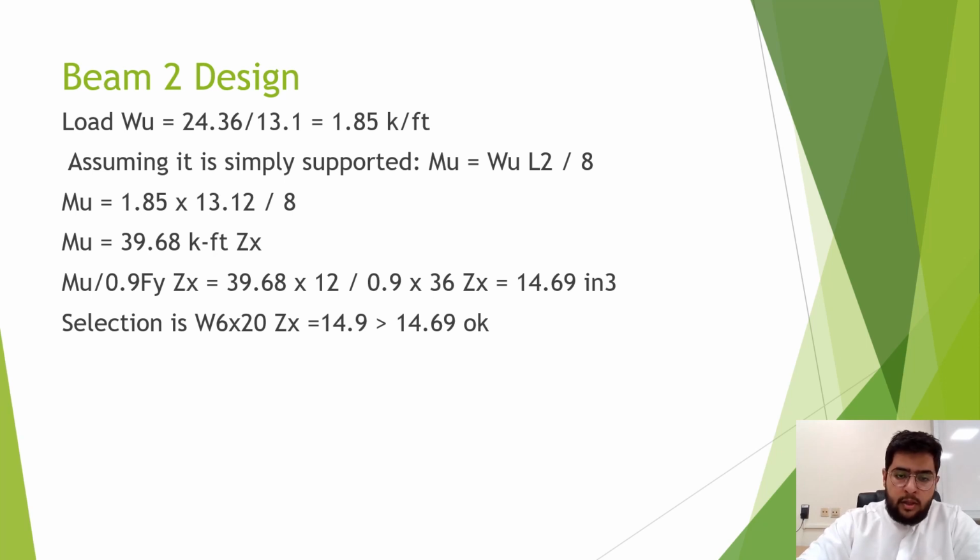After we calculate the ZX, it equals 14.69, and from the data sheet we found the economic section with ZX equal to 14.9, and the section we select is W6 by 20.